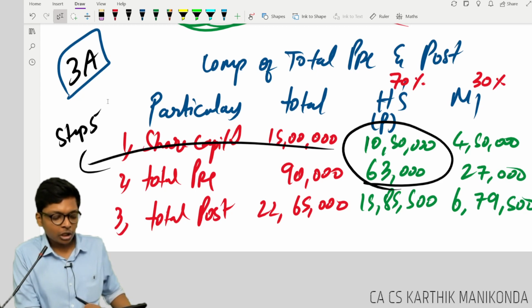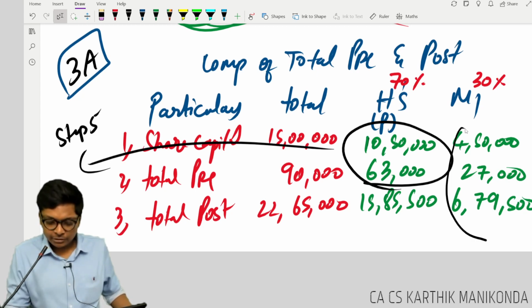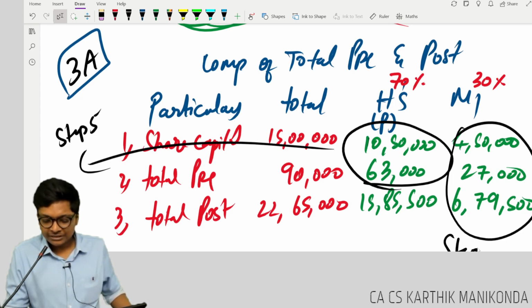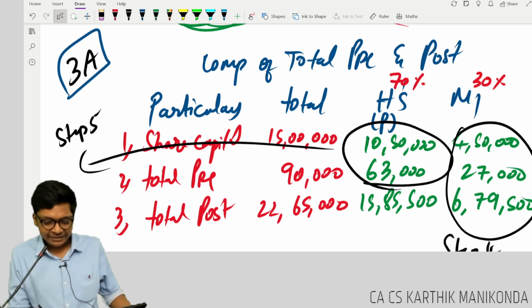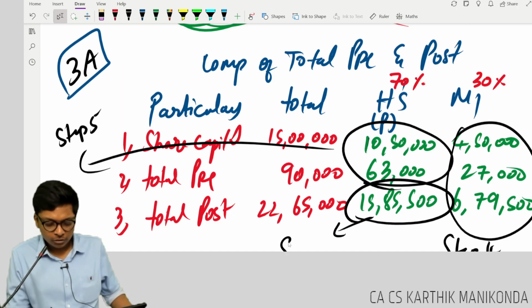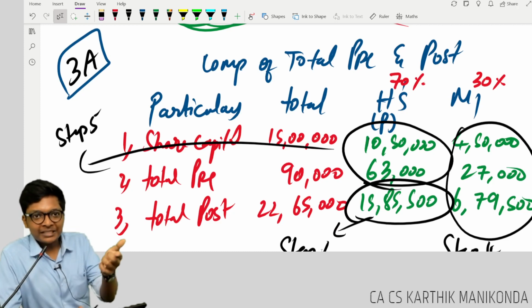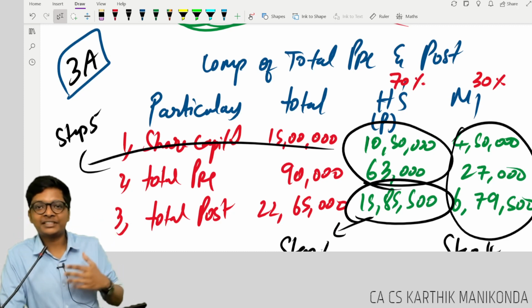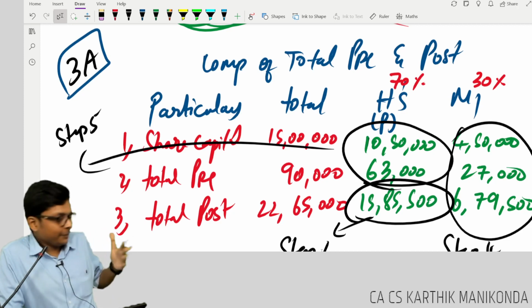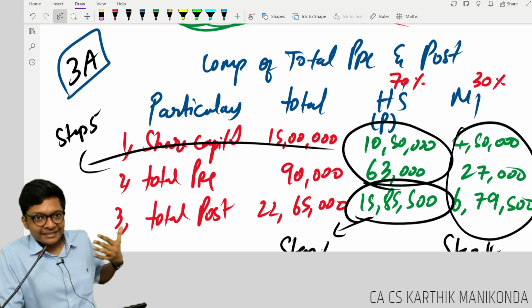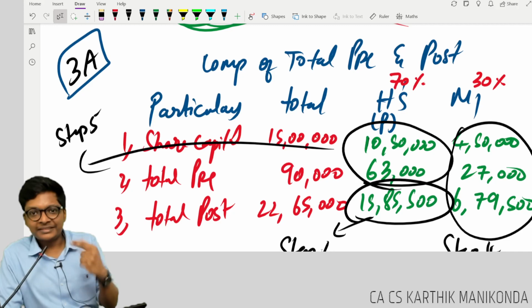Step 5, cost of control. This total is step 4, minority interest. This will go to step 6, holding share of subsidiary's post-acquisition profits. Correct? This table is not needed, but we are making it to make the next 3 steps easy and save time.